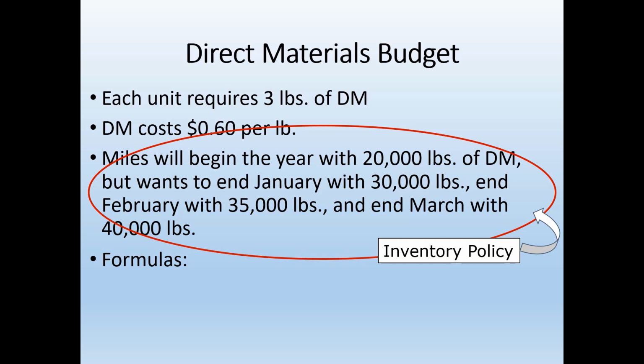Now we need some formulas to determine how much material they need to buy in each period in order to have enough material to make the units that they plan to make in each month and have the right amount of inventory left over at the end of the month in case something interrupts their supply chain.